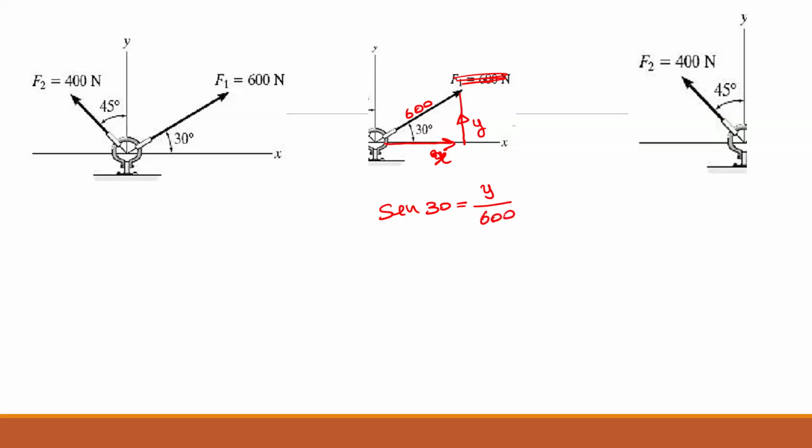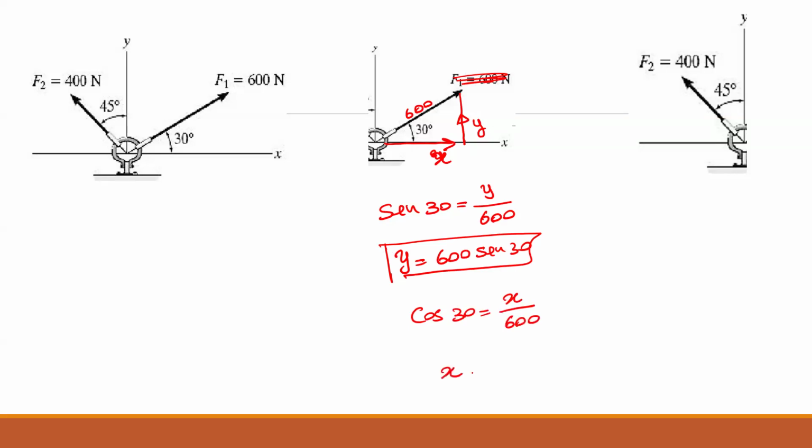So y is equal to 600 times sine 30. So this y component I can find by putting the value in the calculator. And similarly, if I write cos 30, cos is adjacent divided by 600, so I can find the x component, which is 600 cos 30. So is that clear?